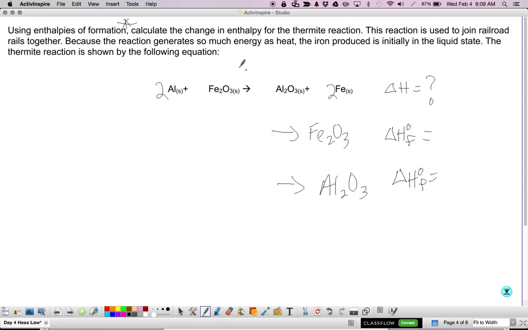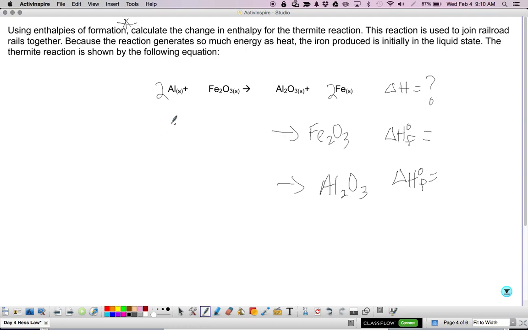The iron and the aluminum are elements in their standard states. So you're really just using enthalpies of formation of these two compounds and then hoping that everything works out. So this is why I stress so much that you be able to write these pretty easily, because you're going to need to use them rather a lot.